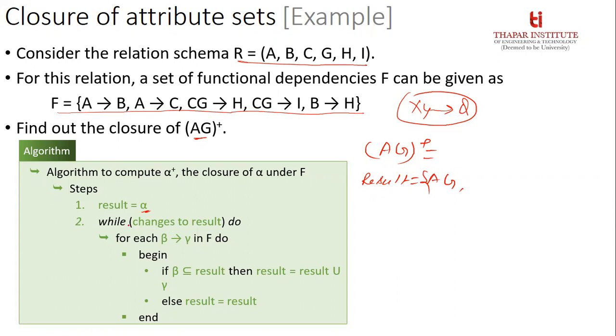Now you have to run the loop. In this loop, we have to check every dependency. First I check this dependency, A tends to B, and then check whether beta is a subset of the result. It means we have to check the left side. Is A a subset of AG? Yes or no?